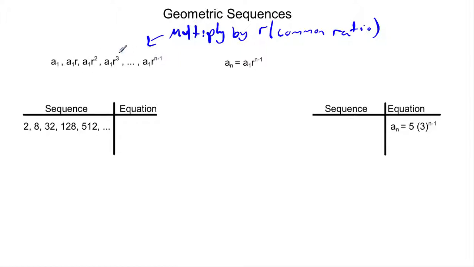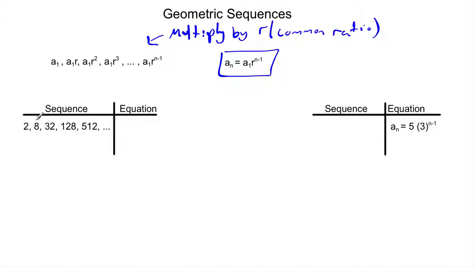Like if I, for example, ignore this, I have a sequence that's only 4 terms. Notice my last exponent is 3. That's 4 minus 1. And our general form is going to be this: the a sub nth term is going to be the first term times r to the n minus 1.